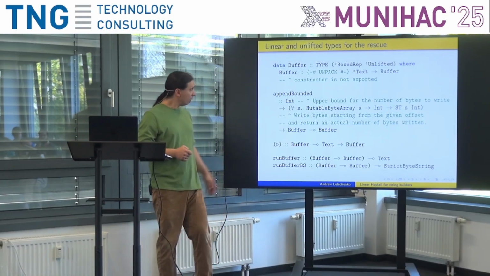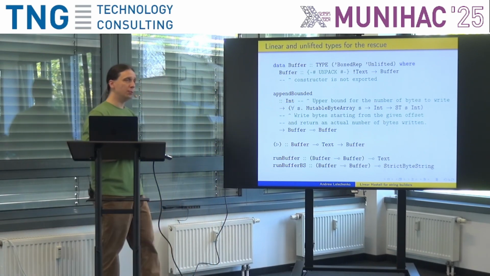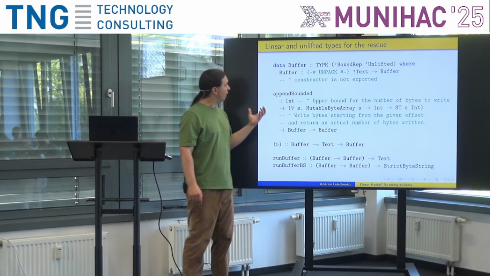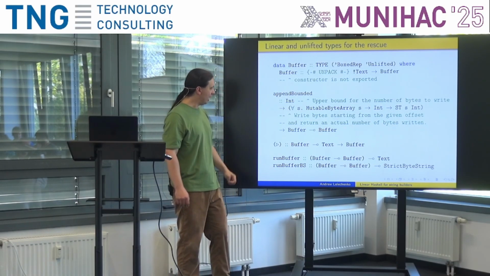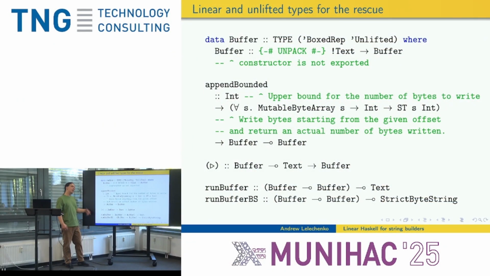So the trick to work with this kind of mutable arrays with linear types is that you never get to keep the buffer in your hand. The way you actually run it is similar to what we saw just before.